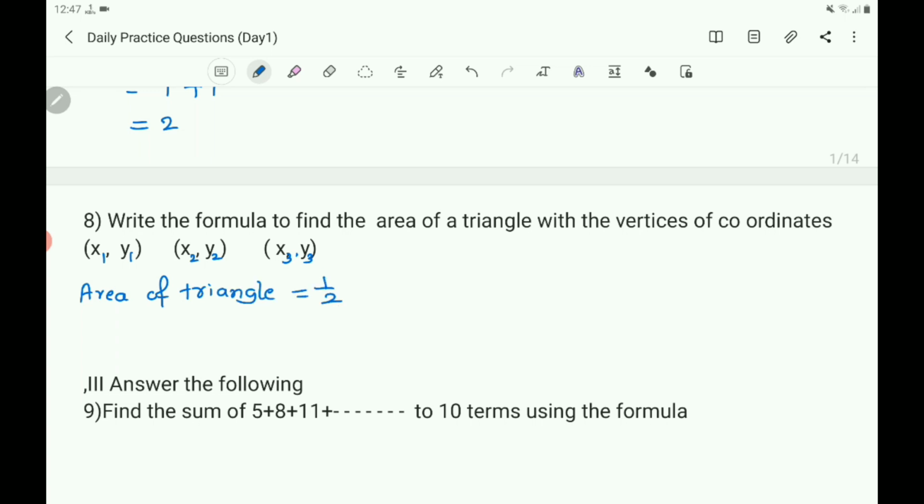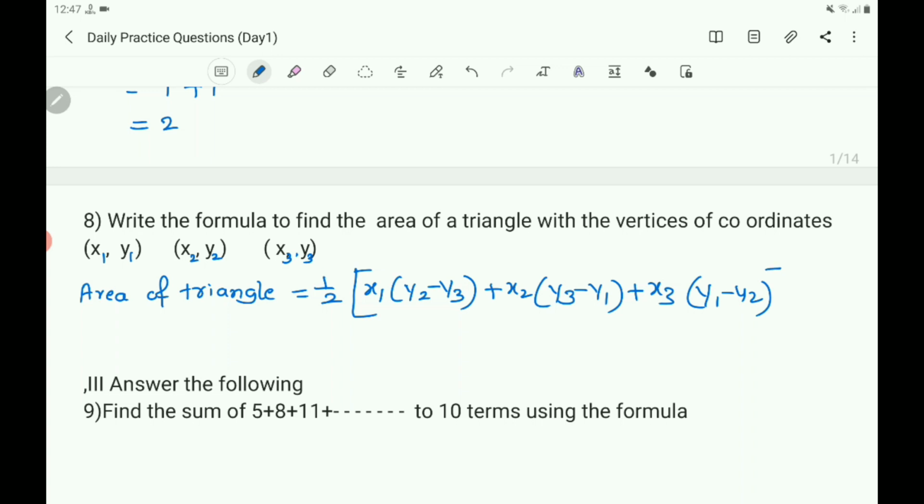equals 1 by 2 into, write x1 into y2 minus y3 plus x2 into y3 minus y1 plus x3 into y1 minus y2.